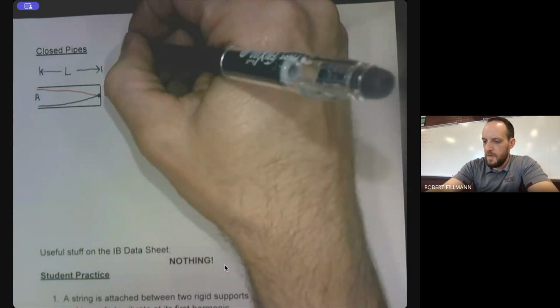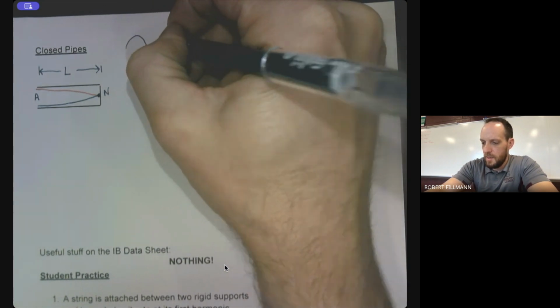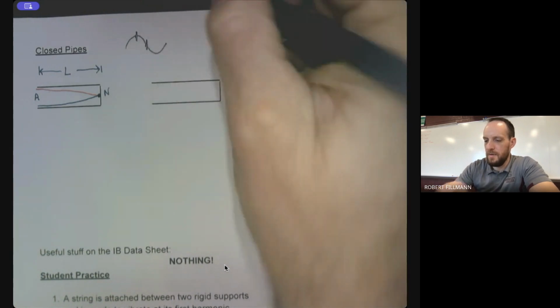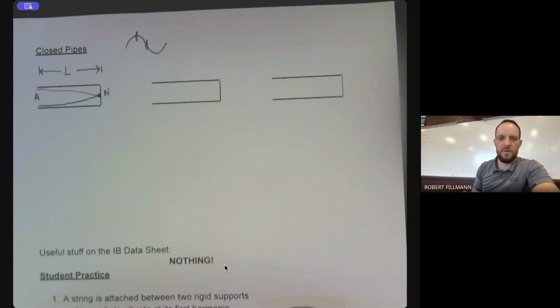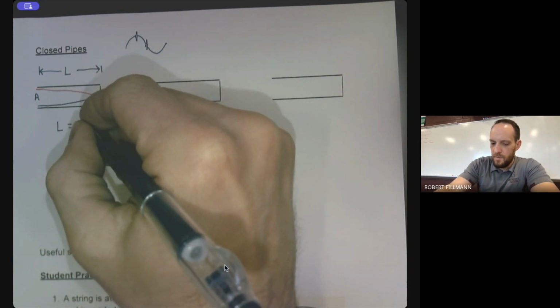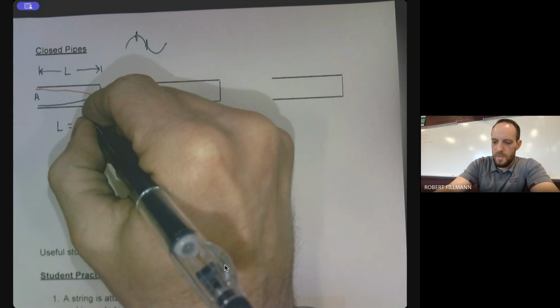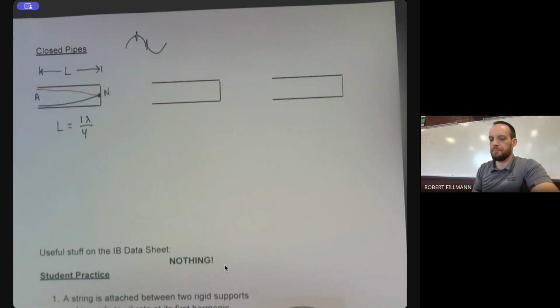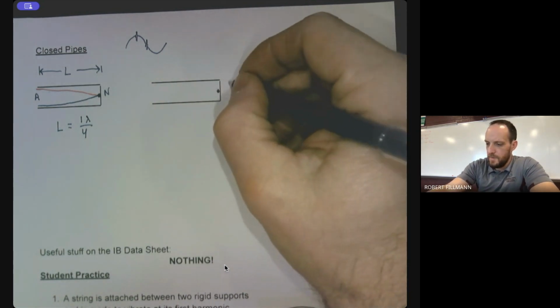And again, if you think about what a whole wave looks like, I'm going from here to there. It's this fraction of a wave. So instead of being half a wave, now we're talking about a quarter of a wave. So for the first one in the pattern, we can say L is equal to 1 lambda over 4. Let's see if we can figure the rest of the pattern out.